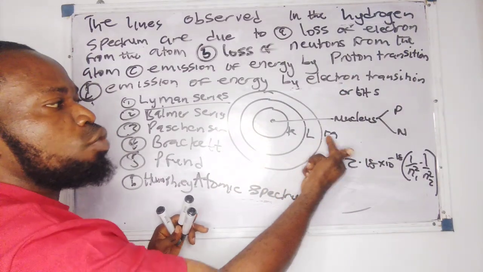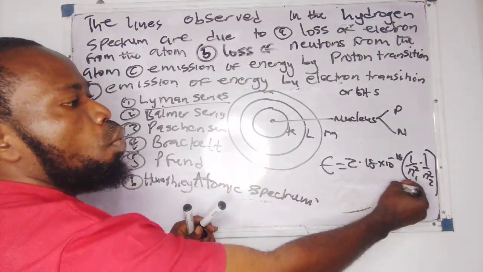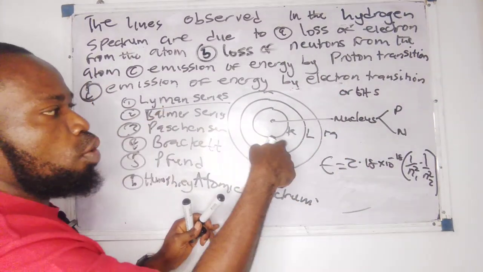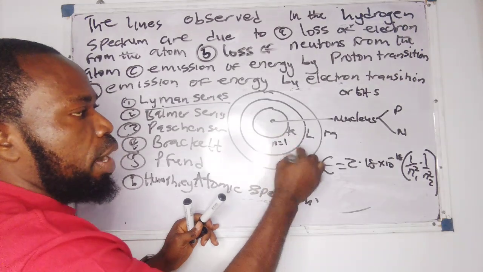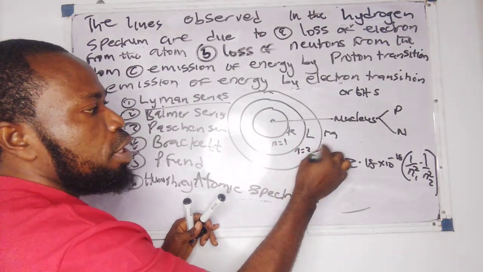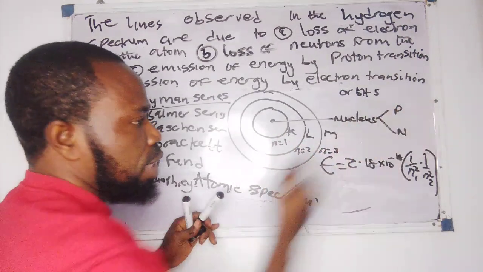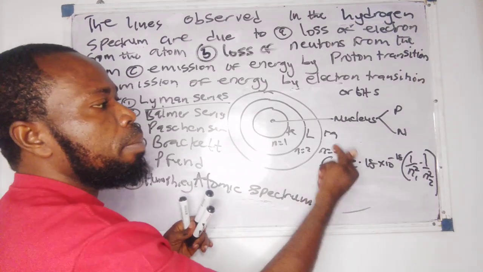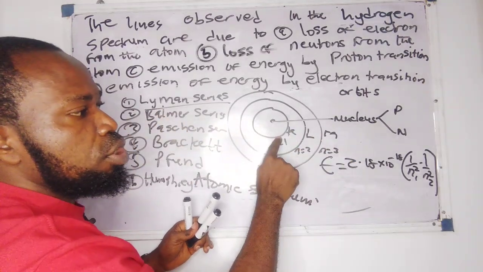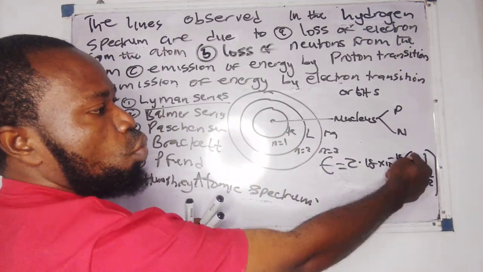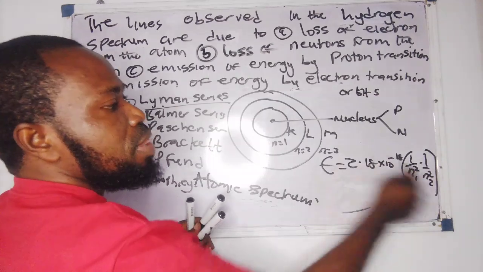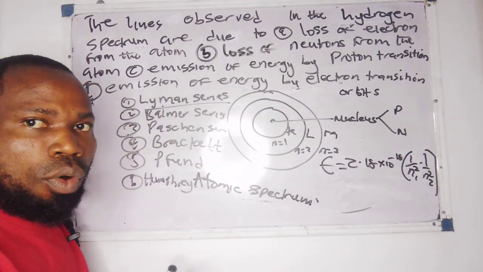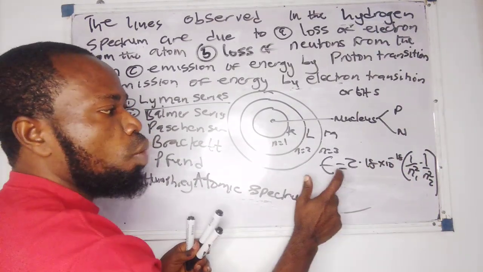For example, if it's falling to the first shell, my n1 will be 1. That will be the Lyman series, because in this case the shell n is equal to 1. This one is n equals 2, this one is n equals 3, just like that. So if it's falling from n, for instance, to the first shell, that means my n1 is 1 squared minus 1 over n2 squared. So you can solve your question.